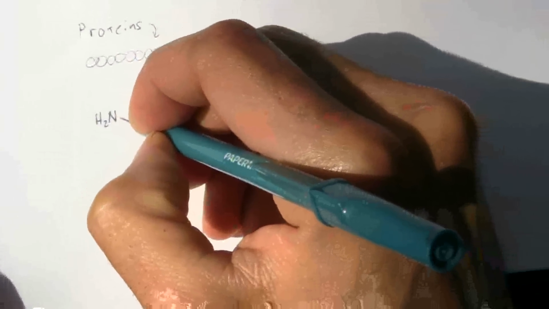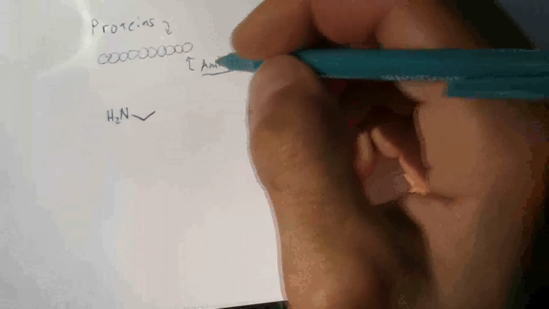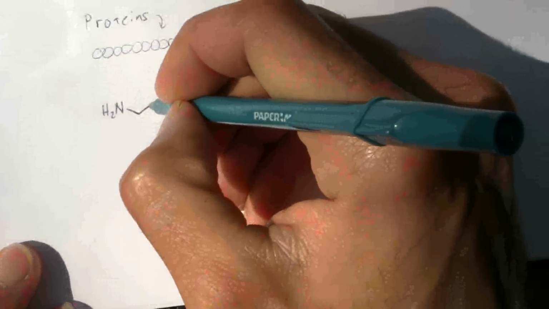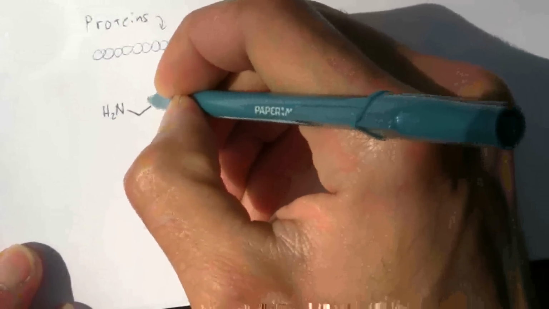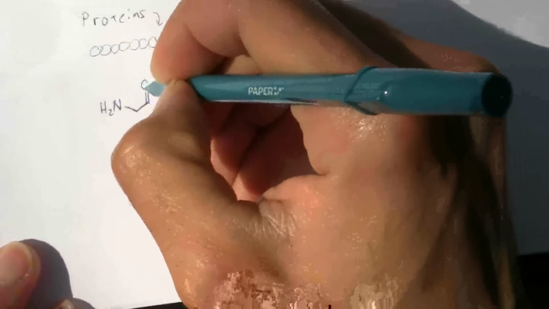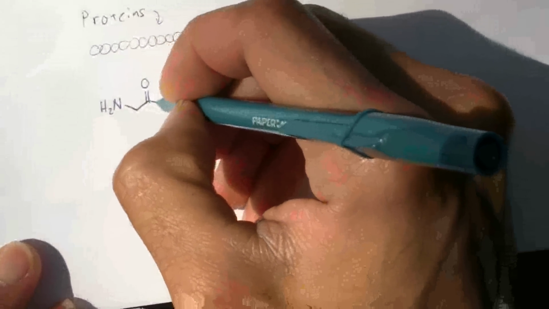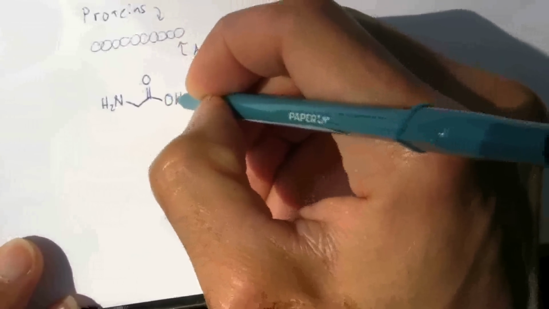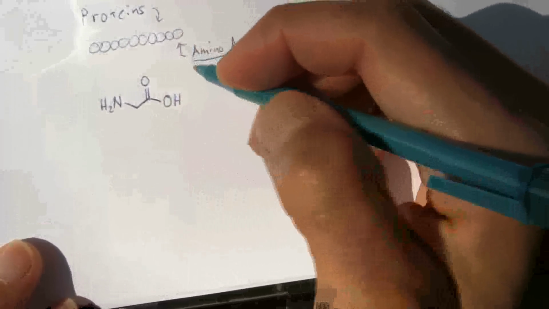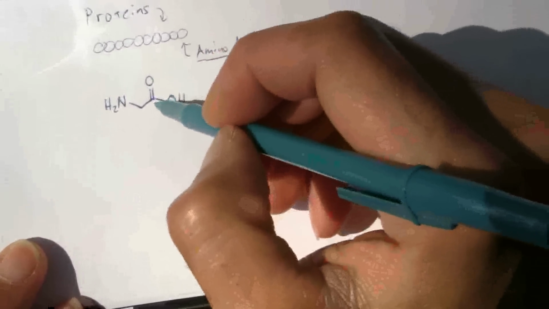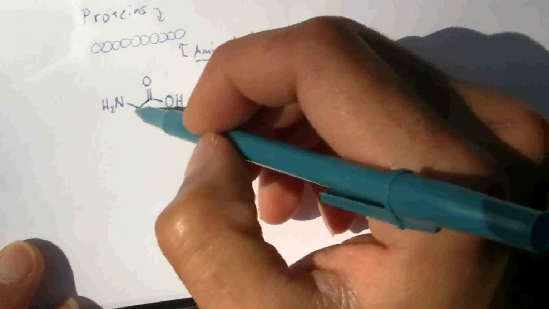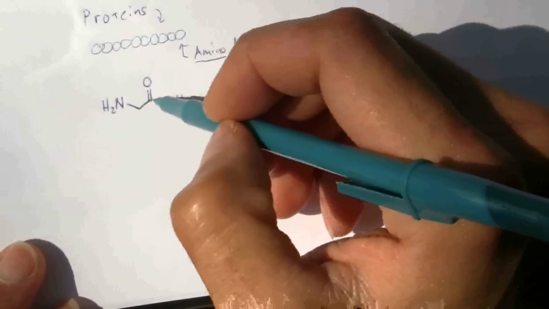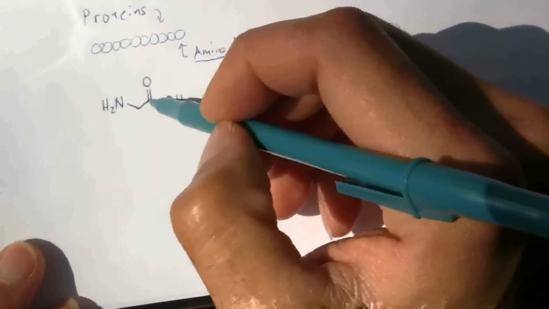And then the acid group, it has a carbon, and attached to that carbon is a double bond to oxygen and a single bond to another oxygen that has hydrogen attached. So now for simplicity, we often don't write in the carbon atoms with their letters.